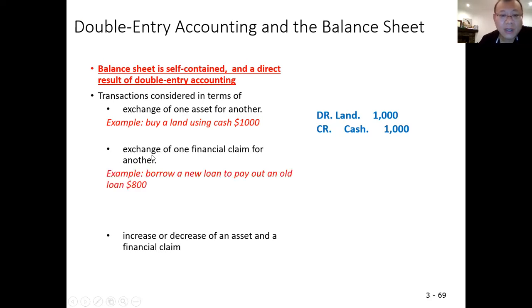financial claim. So you borrow a new loan, okay, to pay out an old loan, $800. Okay, so this will all affect the liability side. You debit old loan, okay, for 800. You credit new loans for 800.